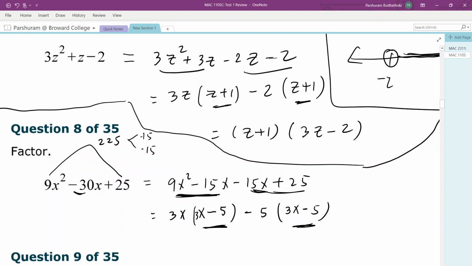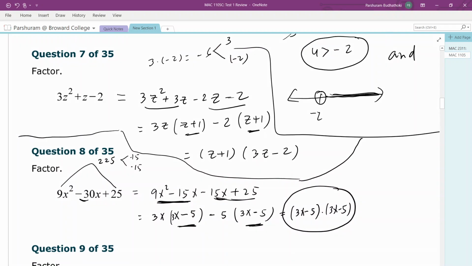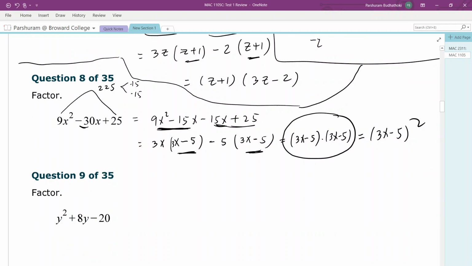So it's 3x minus 5 times 3x minus 5. So it's the factor for 9x squared minus 30x plus 25. You can also write this as 3x minus 5 squared. That's problem 8.